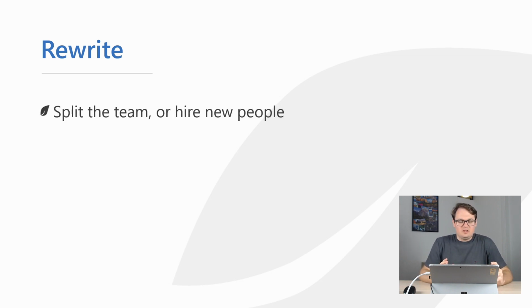Basically, I have seen a lot of projects that chose the way of the full rewrite, and typically it means that you need to either hire a new team or just dedicate some people in the current team just for the new application.